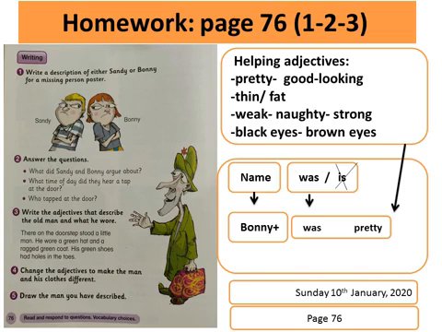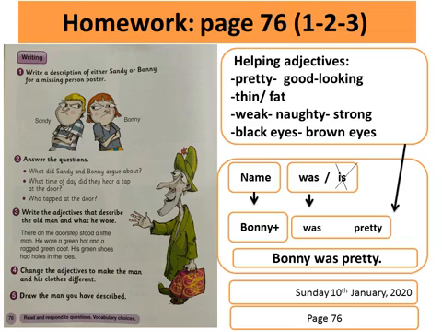So Bonnie was. I choose pretty. So the sentence is Bonnie was pretty. I start with a capital letter and I end with a full stop. If you want to speak about Sandy, you can say Sandy was good looking. Good looking means pretty, but we use good looking for boys and we use pretty for girls.